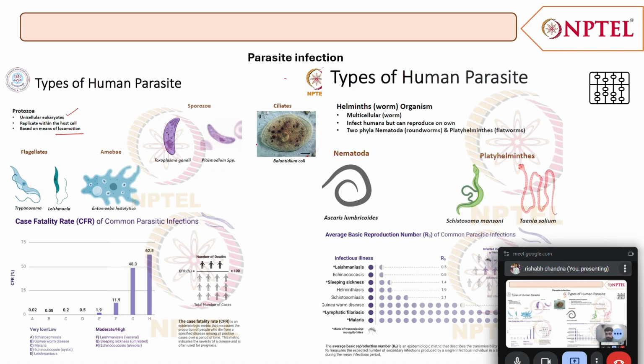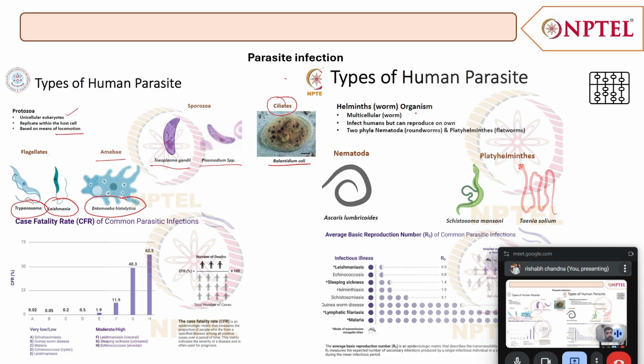So they can be flagellates, for example Trypanosoma or Leishmania, or they can be amoebae, which have false feet, such as Entamoeba histolytica. Then there are the sporozoa, for example Toxoplasma gondii and the Plasmodium species. And the last one, the ciliates, have cilia for movement, such as Balantidium coli. So these are the different types of protozoa based upon their locomotive pattern.